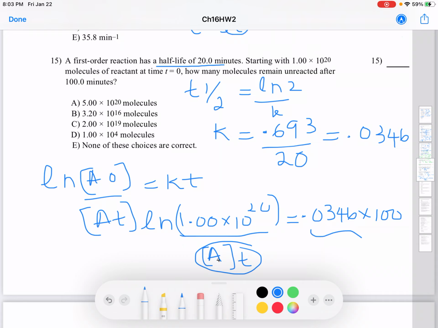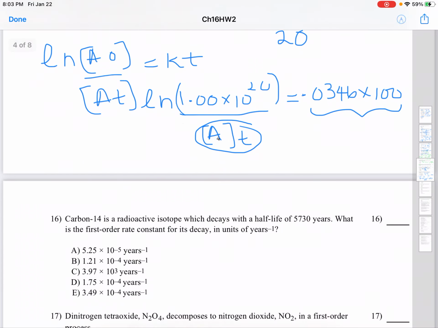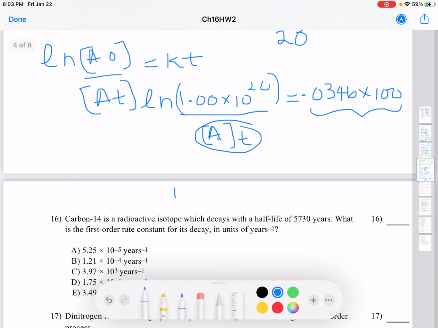So first multiply these two and get the anti-log. 1.00 times 10 to the 20 over At would be e to the 3.465.